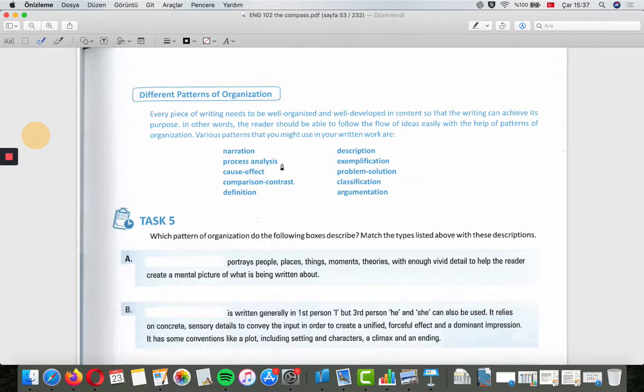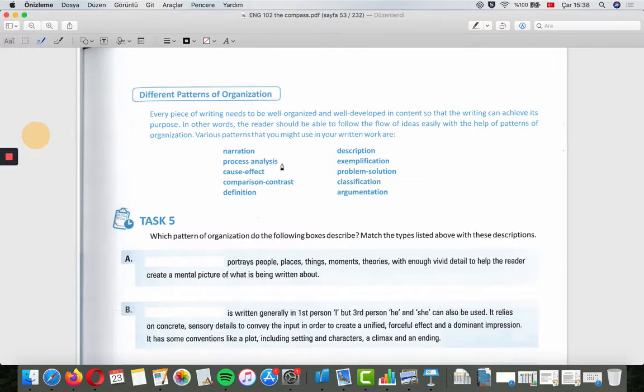Description is more like when you talk about people or places, cities, when you describe them. For example, my mom had blonde hair, she was pretty, she had big eyes, blah, blah, blah. This is description, okay? And exemplification is when you talk about a topic and give examples or show it through an example. Problem solution is obvious when there is a problem and you come up with a solution.